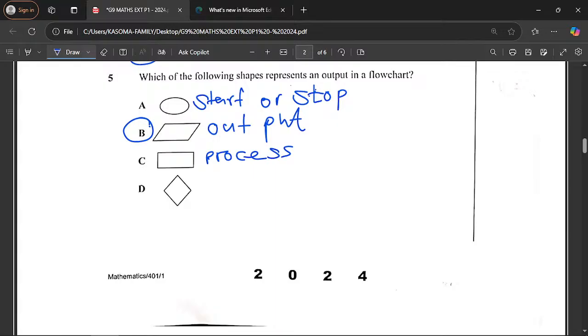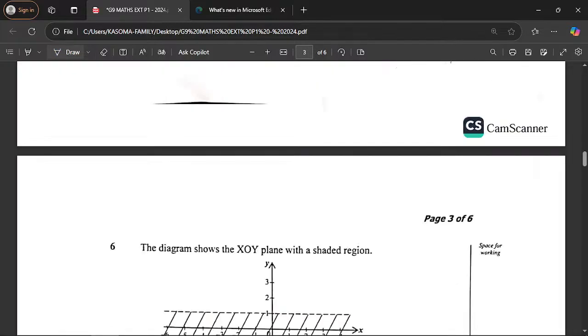The diamond stands for decision. Okay, so basically those shapes represent those actions. Unless you have got questions. If there are no questions, we can go to the next question.